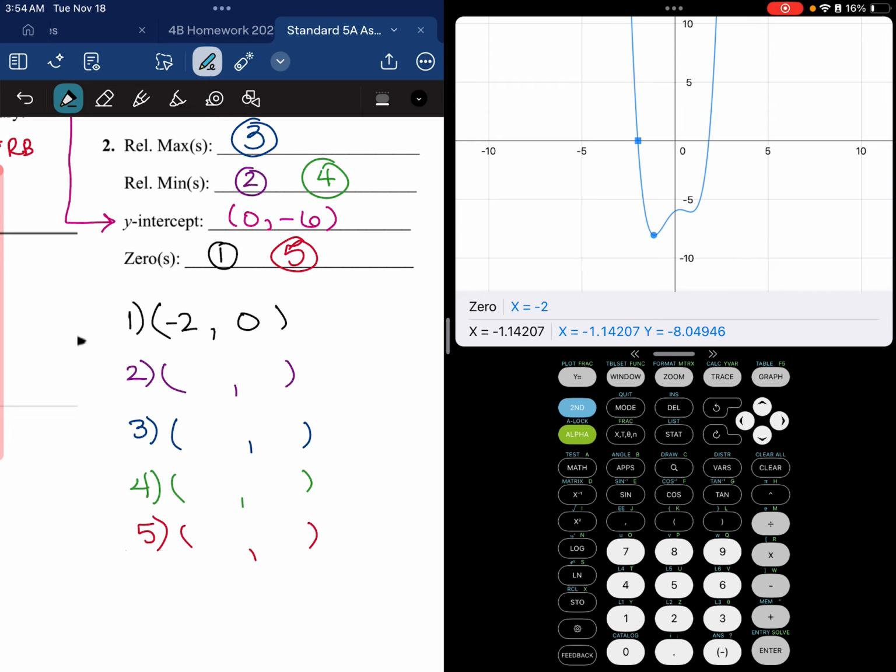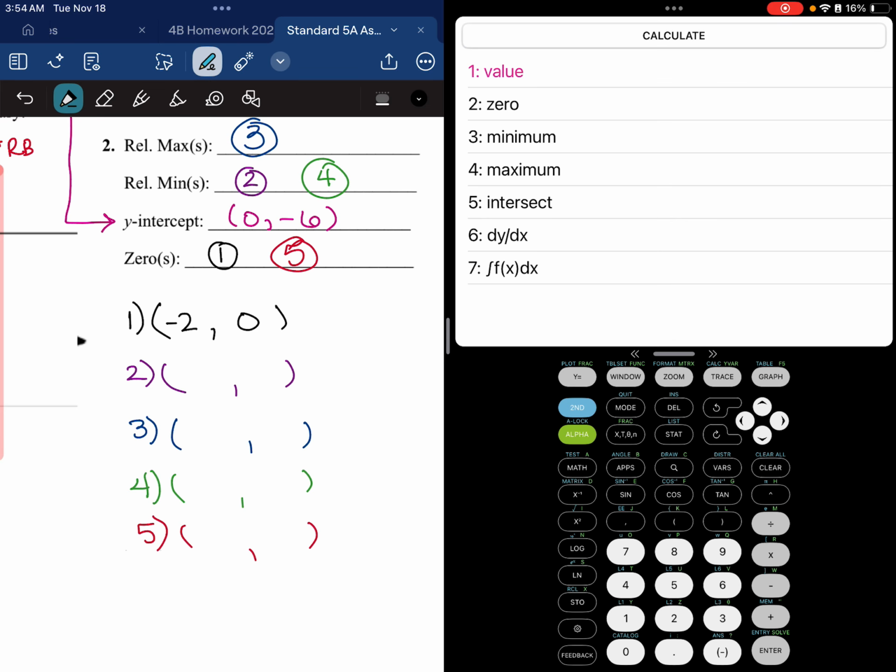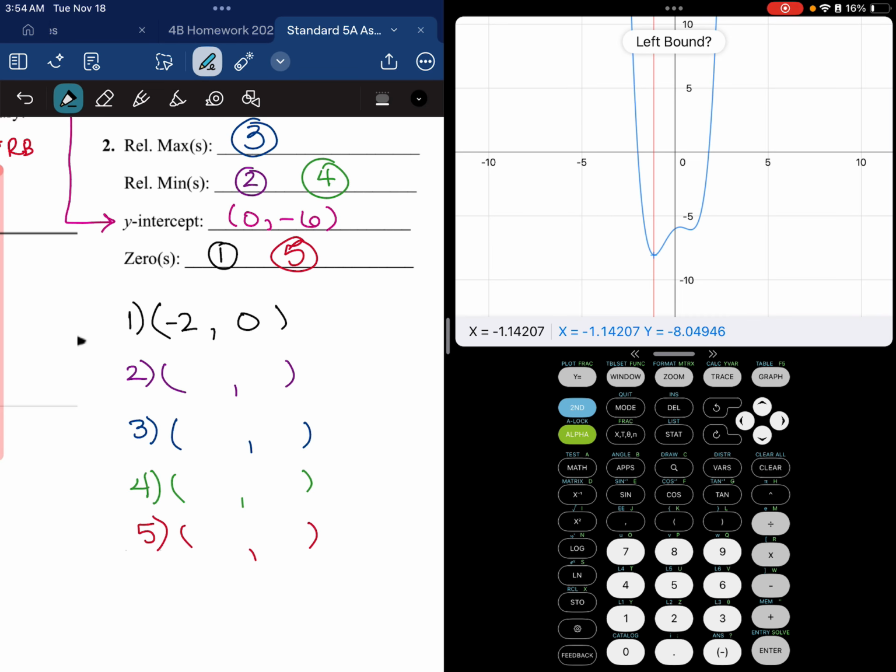The next thing I have is a relative min. I'm going to go second, calc, minimum. Your calculator will put your left bound around your 0, so you just hit enter on left bound.